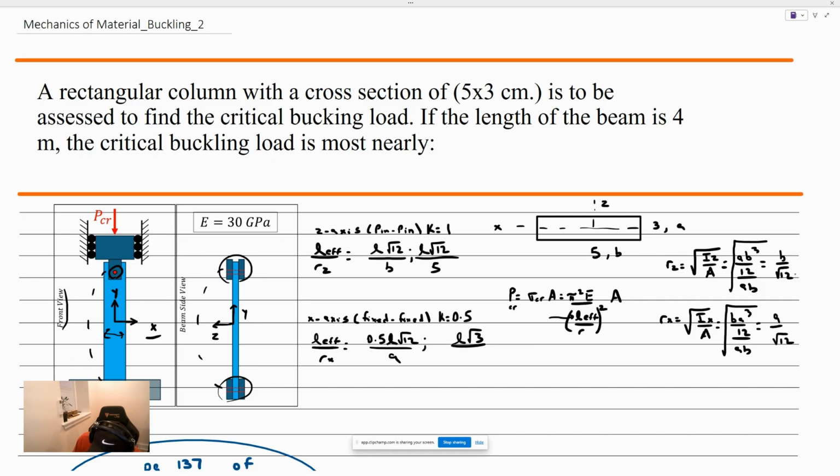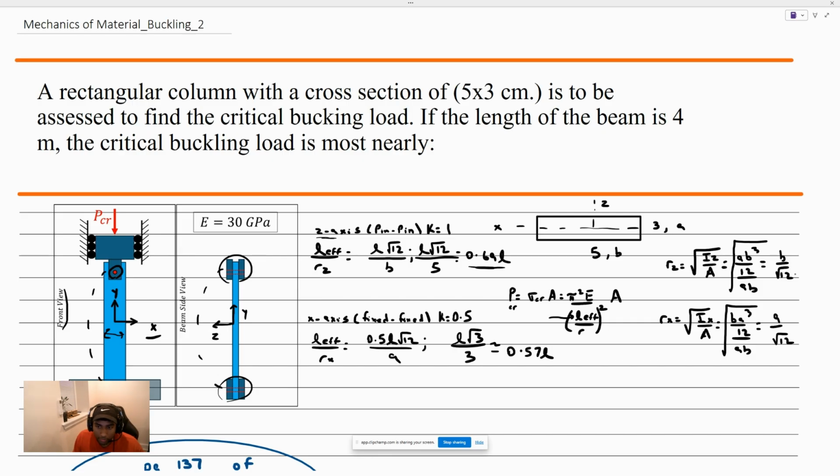Divided by the A term, which is 3. So which one is greater, the x-axis or the z-axis? We can see that about the z-axis, or the pin-pin connection, we have a larger slenderness ratio. So that means it's going to buckle about the z-axis.